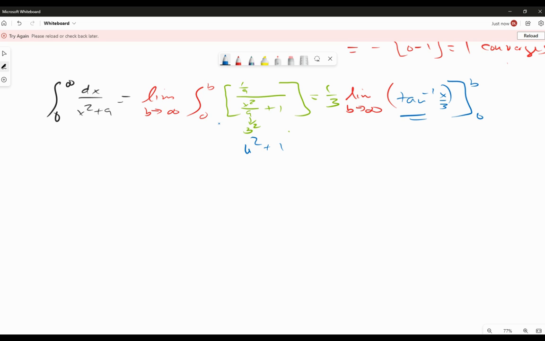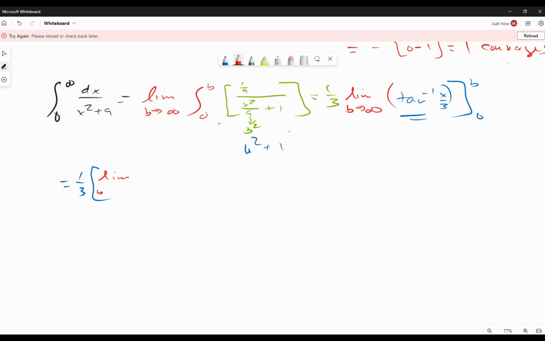So let's clean this up. Now I'm into blue here. So I've got 1/3 times this limit as, keep writing the limit idea because you've got to keep rewriting it.